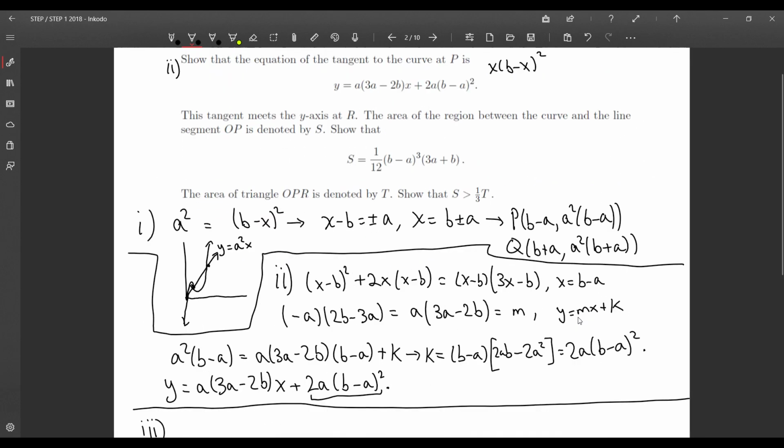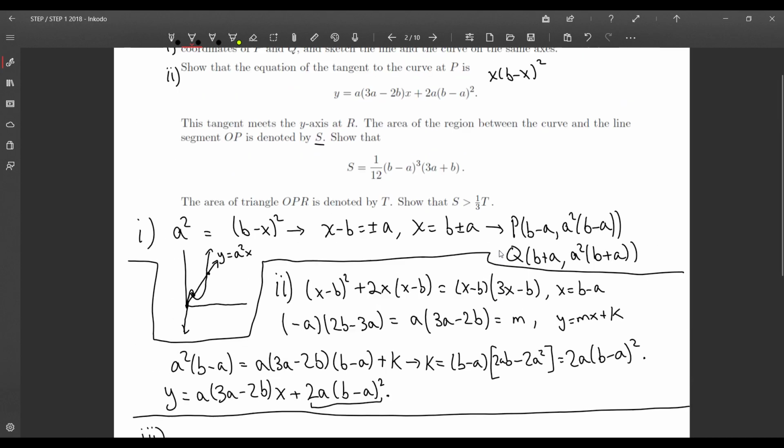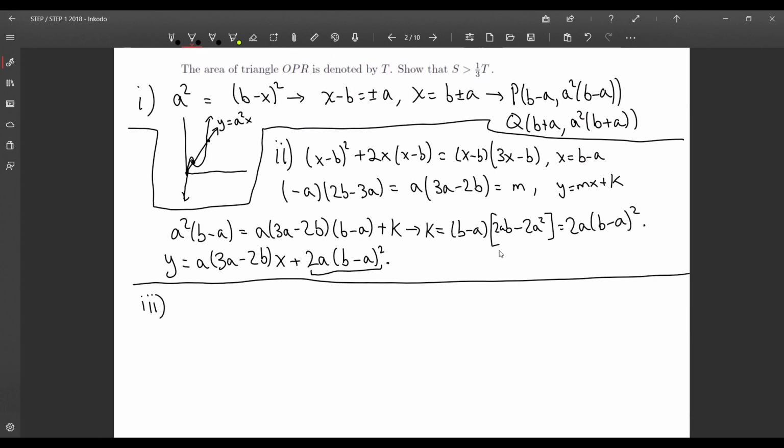So now we have some integration to do. And the line segment OP. Well, the line OP is just this line, a squared x.